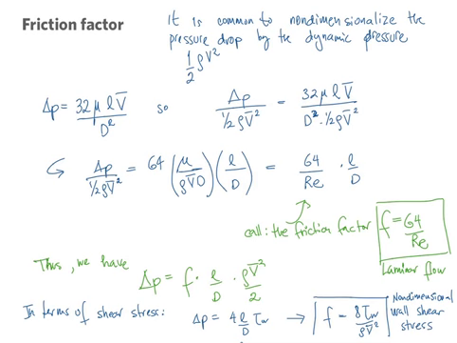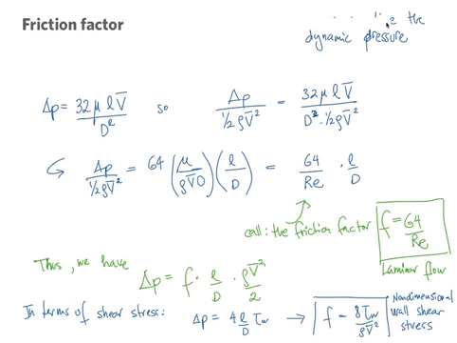And I didn't leave any space, so I'm going to clear up here now that we can write the head loss in terms of the friction factor. And the head loss is going to be, remember, delta P over gamma.